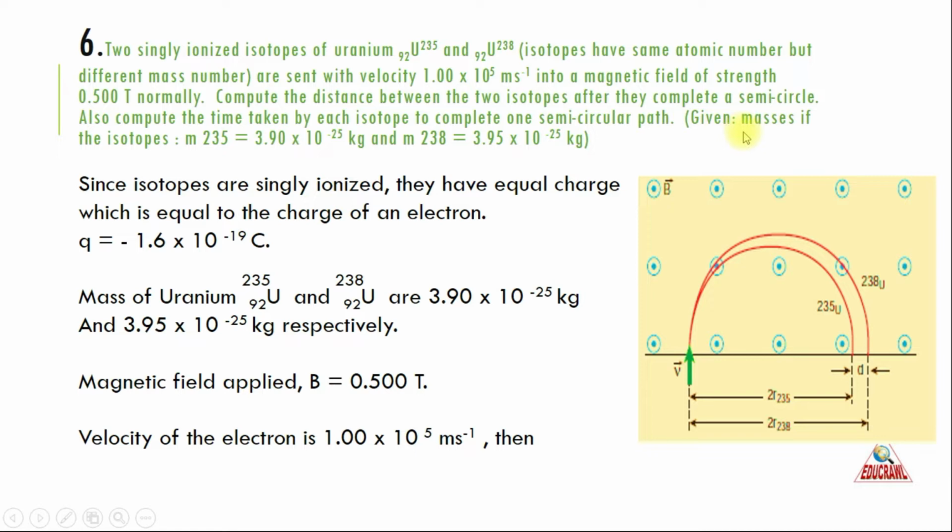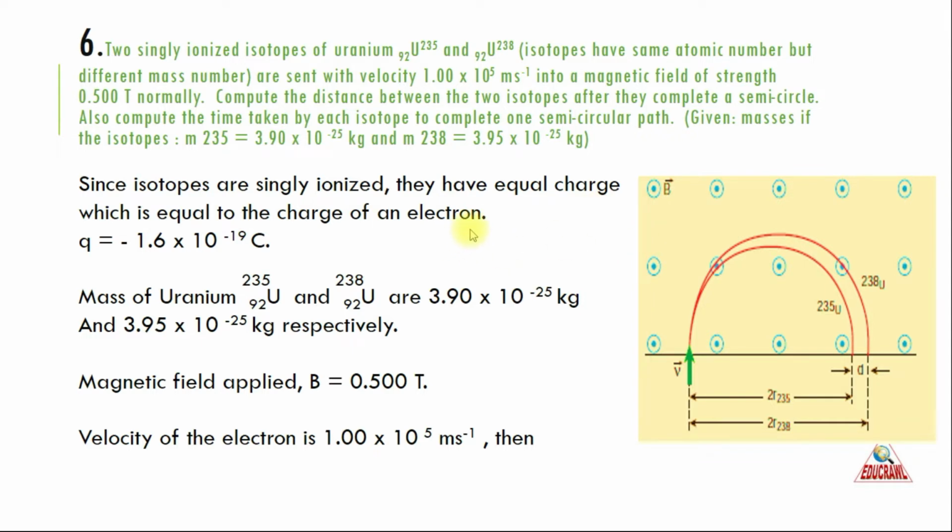The values given are: mass of uranium 235 is 3.90 into 10 power minus 25 kg and mass of uranium 238 isotope is 3.95 into 10 power minus 25 kg. Since the isotopes are singly ionized, they have equal charge, which is equal to the charge of an electron.